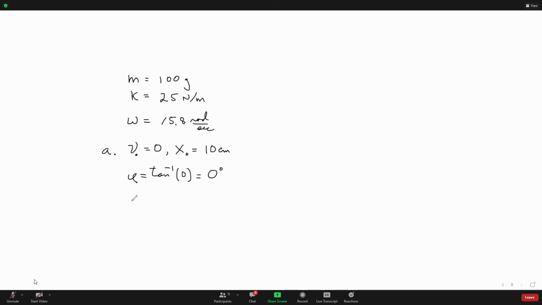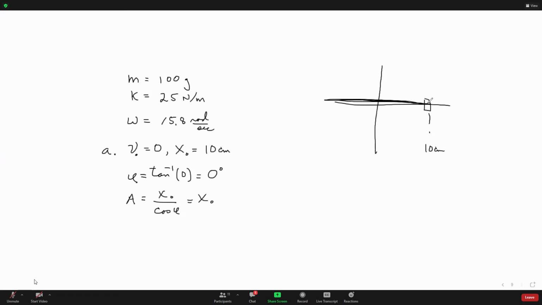Now what about A? A is equal to x0 divided by the cosine of phi, which is nothing but x0. So here is my mass going back and forth. In this particular instance, I start out here at 10 centimeters.